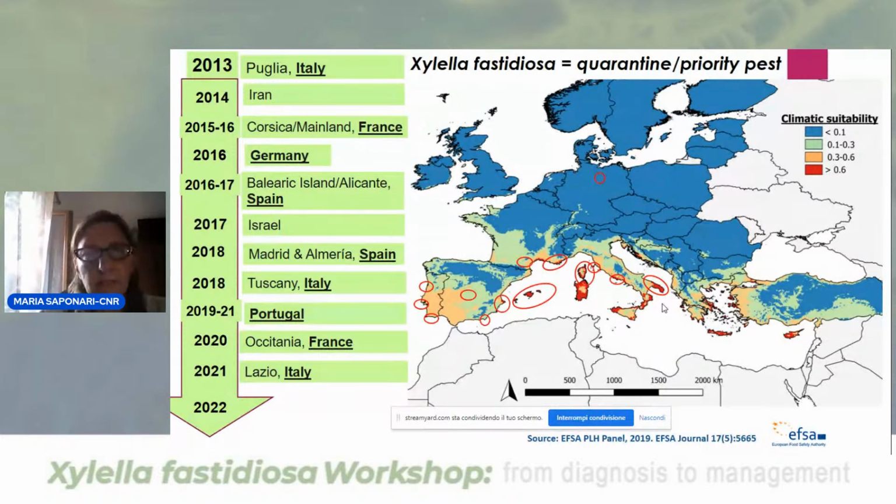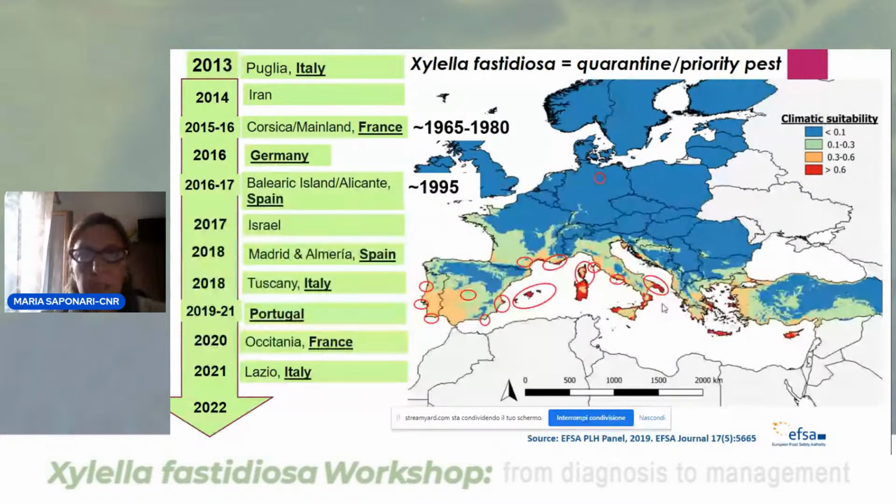What is important is also to say that, based on the genomic and genetic investigations that have been done on the strains identified in these different outbreaks, we discovered that Xylella in Europe did not actually arrive in 2013 or a few years before. When we discovered the outbreak in 2013, this was the result of a 5-10 year earlier introduction of the bacterium.